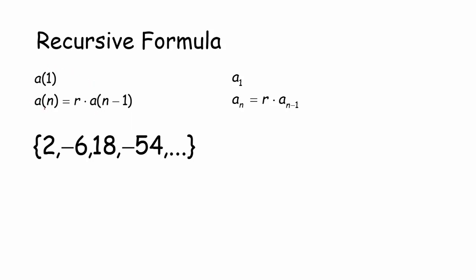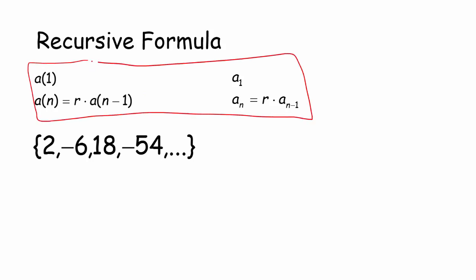So here's how you represent the sequence recursively. You want to give the first number in the sequence. In this case, the first number, a of 1, is 2. That's the first number in the list. And then you want to say, for any number in the list, what would you do with that number to get the next number in the list? Well, you'd multiply by the common ratio.